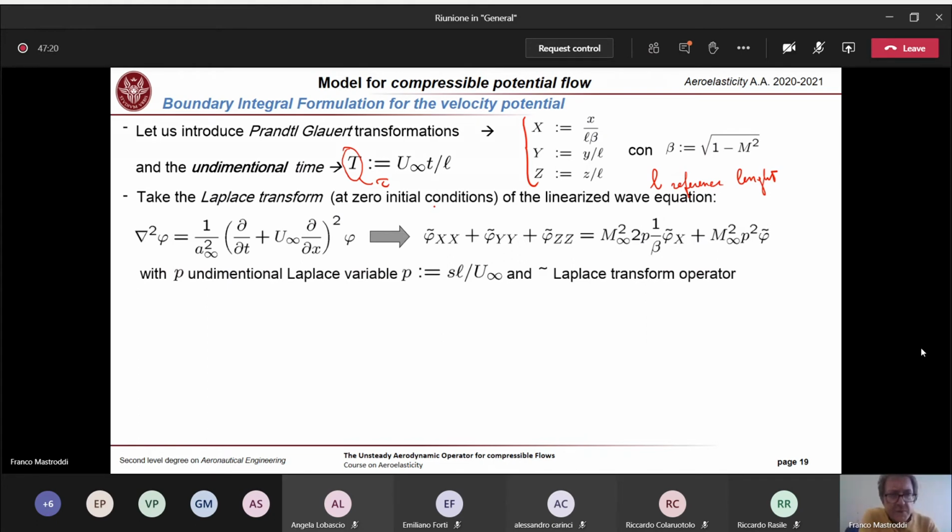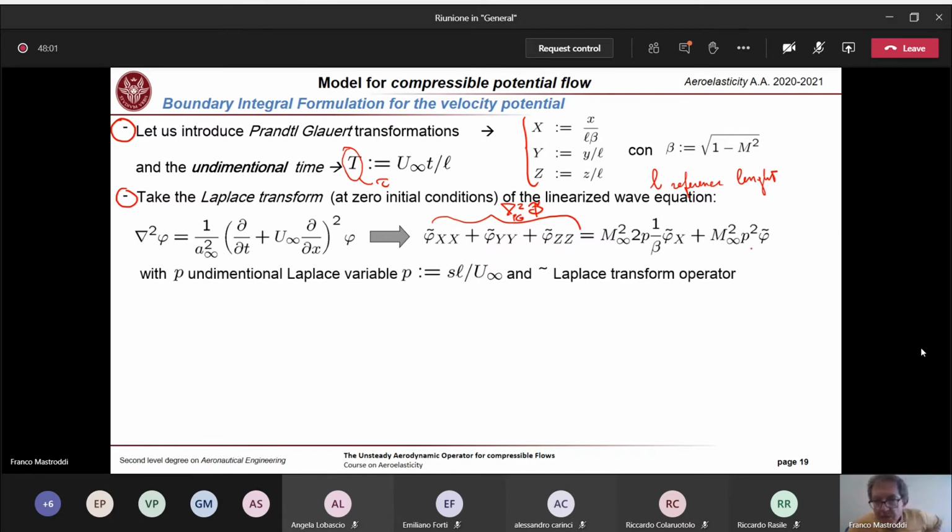So take the Laplace transform, with zero initial condition, of our linearized wave equation. What we obtain, considering this double step in space and time and introducing the Laplace transform of such an equation, is this quantity here. We have this operator, which is the Laplace operator in Prandtl-Glauert coordinates of phi tilde.